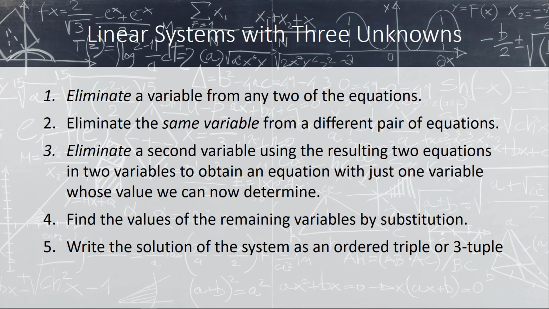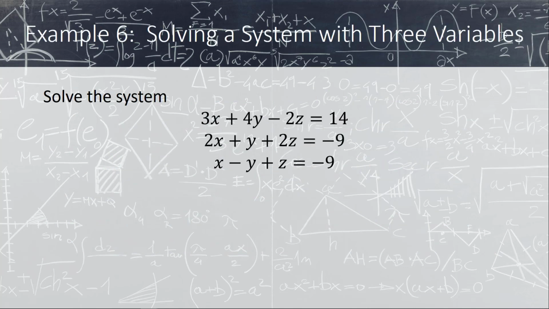So what does this look like in terms of an example? Well, here's our example. The first thing we're going to want to do is try to eliminate z, because that appears to be the easiest. So I'm going to use this equation and this equation to eliminate z.